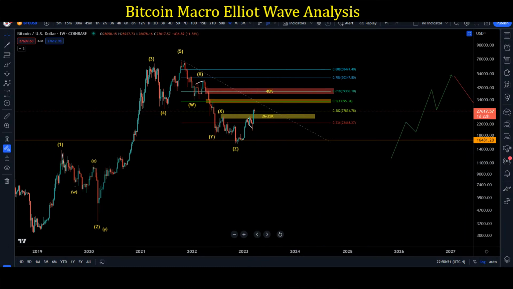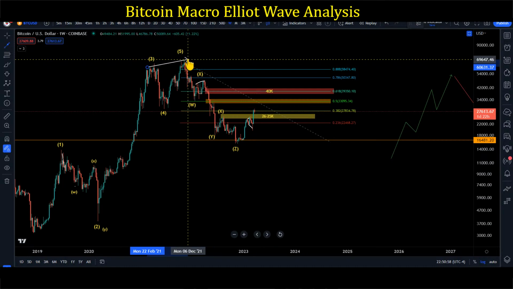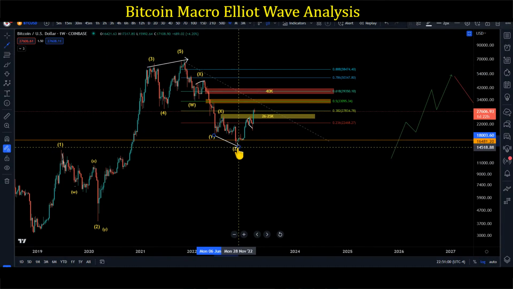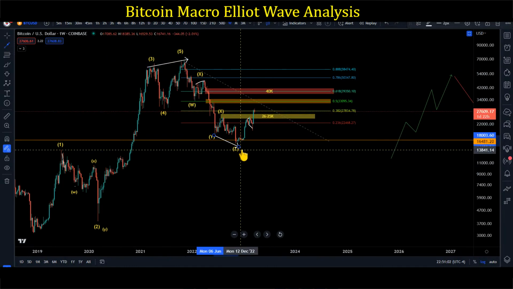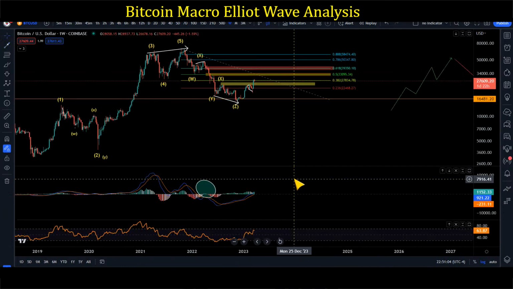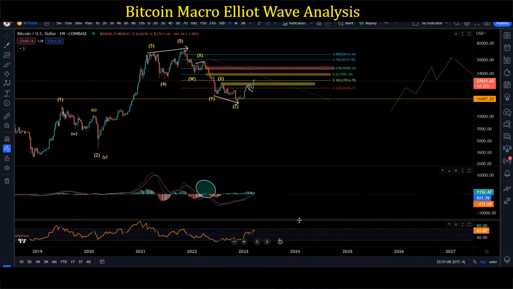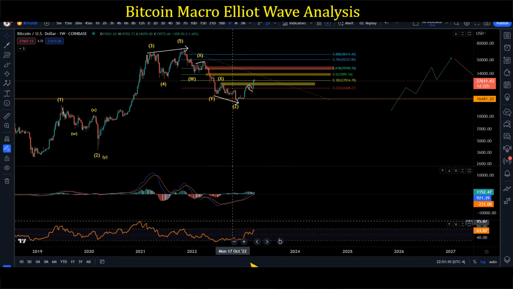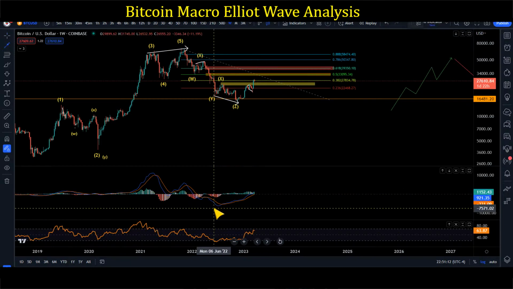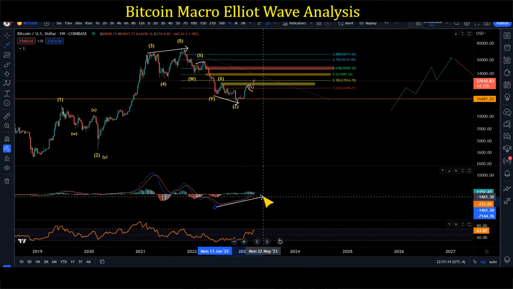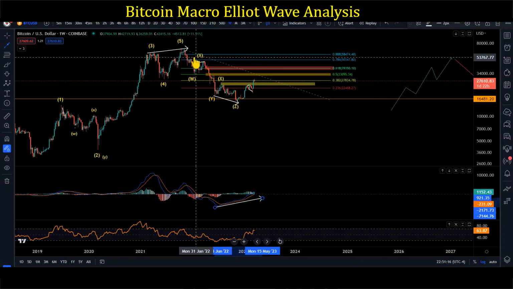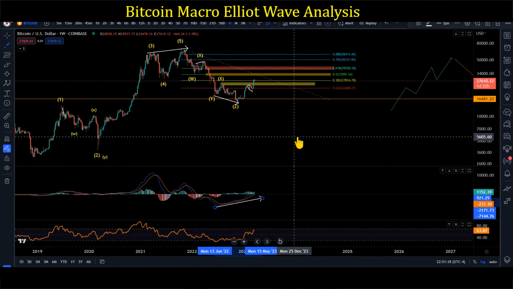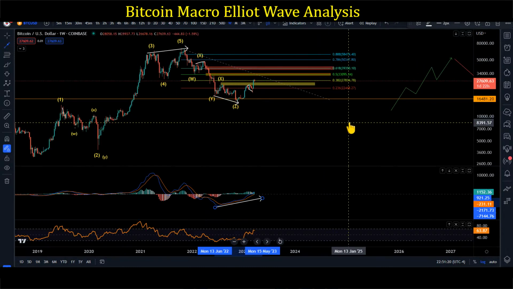If I find any divergence between your wave 3 and wave 5, you've got to be cautious after that. I said it after we printed the divergence right here. If we take a look at it in terms of MACD, bulls created a nice bullish divergence, and some of these bears are still pretty busy looking for some hidden bullish or hidden bearish divergences.